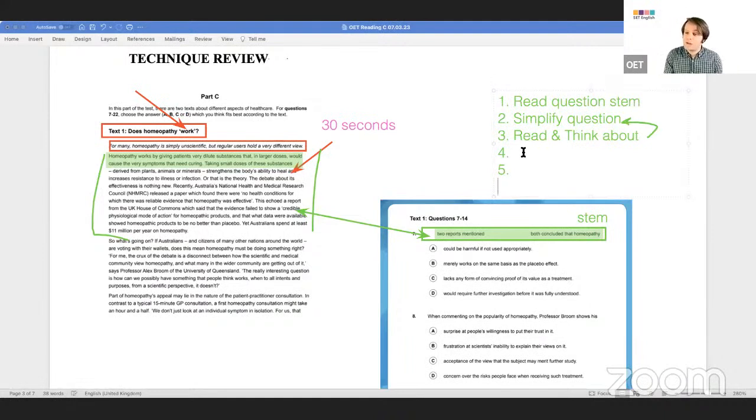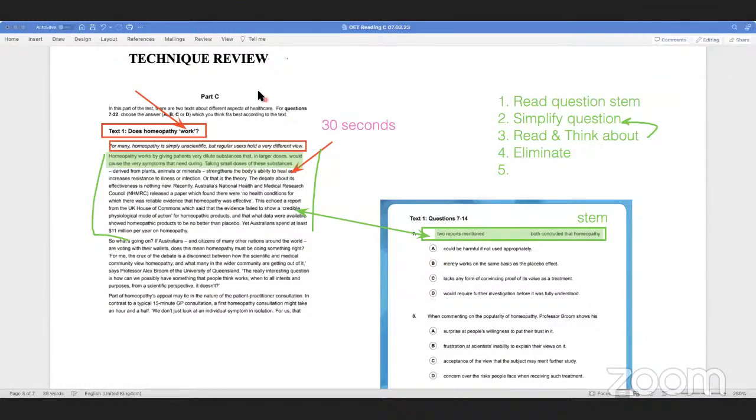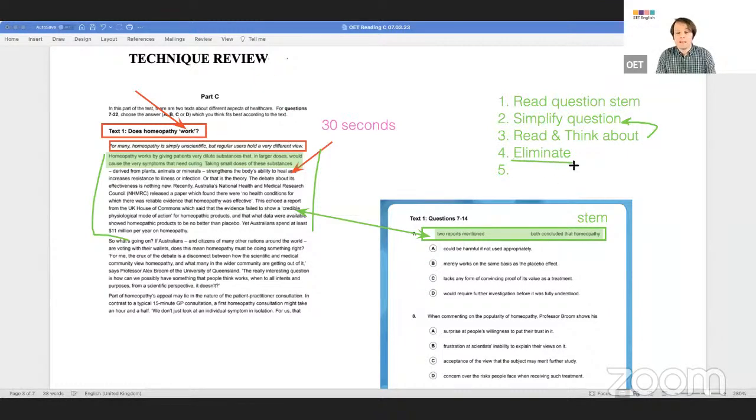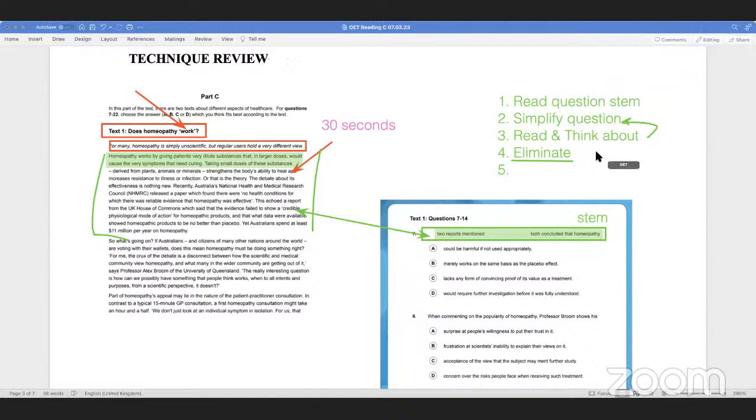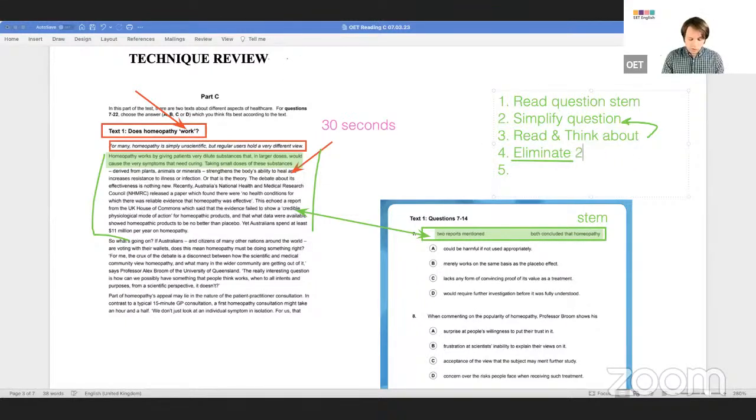We're going to eliminate. Okay. And how many answer options do we have? Everyone, how many answer options are there? Four. So this is really important, isn't it, in part C, to eliminate? How many should we eliminate? I'm going to say eliminate 2 easy ones.